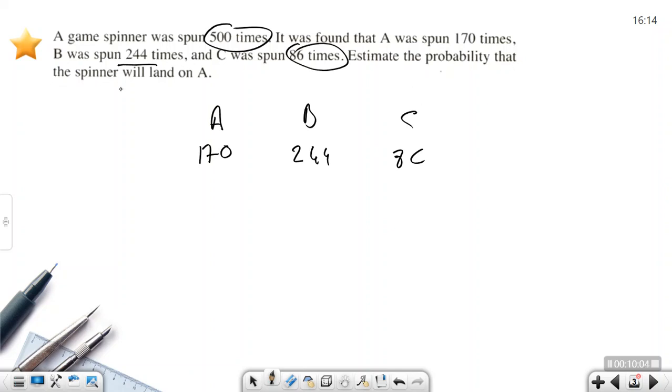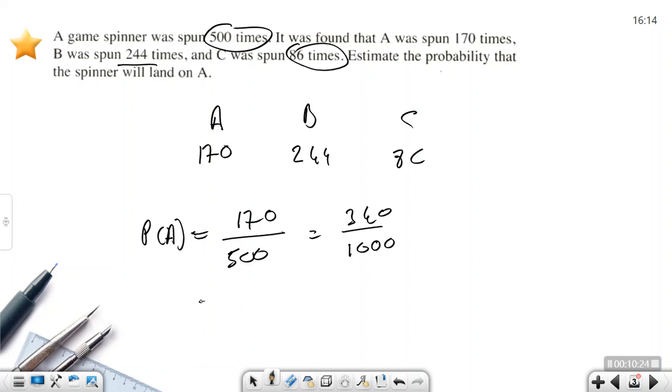Estimate the probability that the spinner will land on A. So the probability of A: how many times we get A is 170 over how many spins in total, 500. To make it a decimal, I'm going to enlarge by 2. That's equal to 340 over 1000, which equals 0.34. So 34% is the chance. 0.34 is the probability it lands on A.